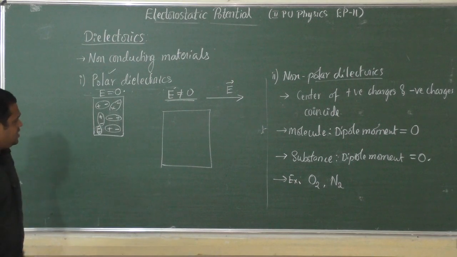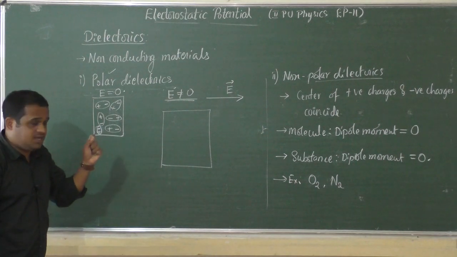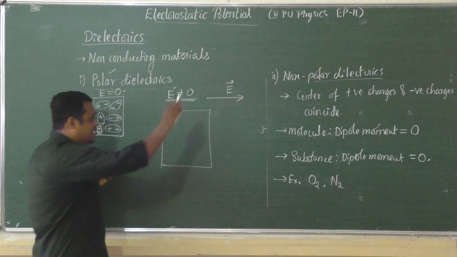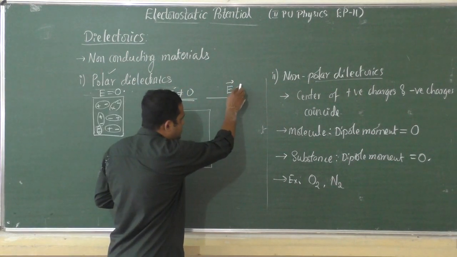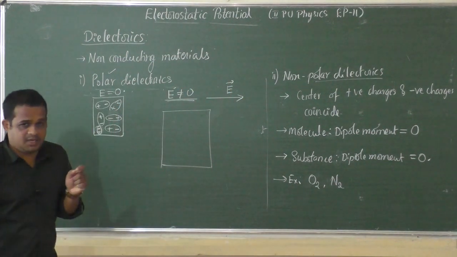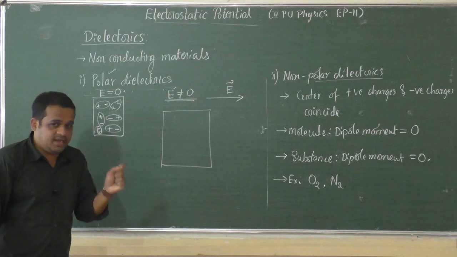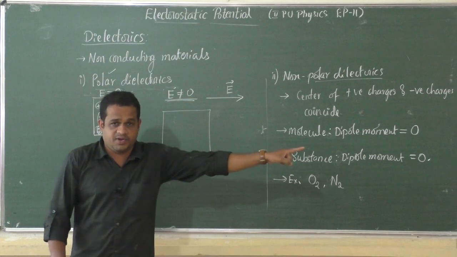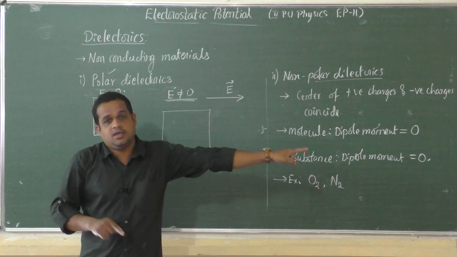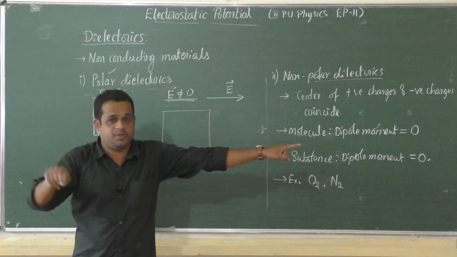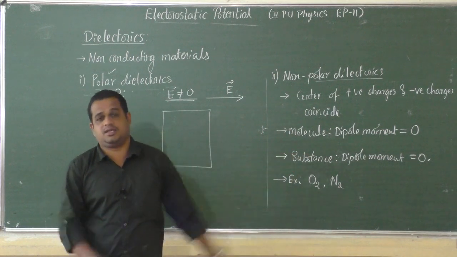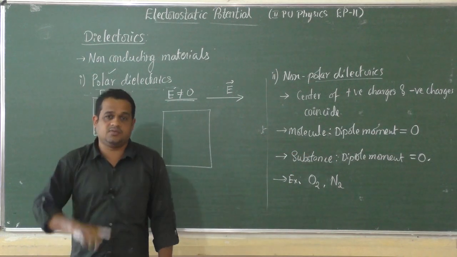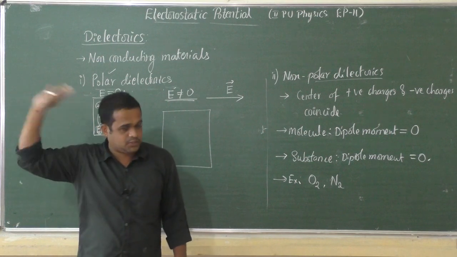We know that a positive charge experiences a force along the direction of the electric field, and a negative charge experiences a force in a direction opposite to that of the electric field. If the electric field is in the positive x direction, a plus q charge will experience a force along the positive x direction, whereas a negative charge will experience a force in the opposite direction.